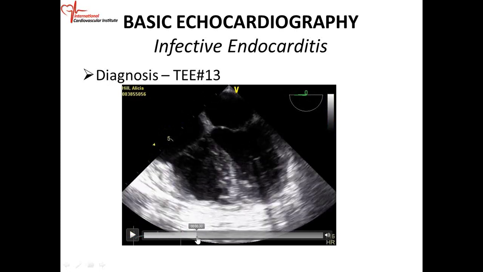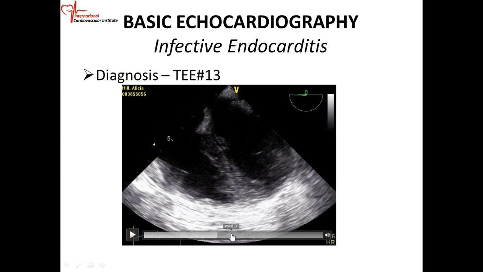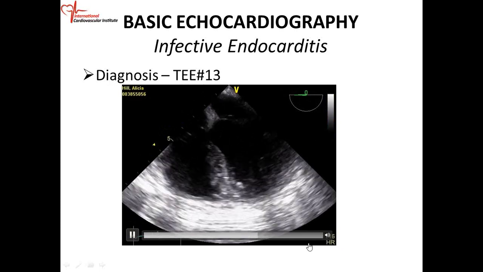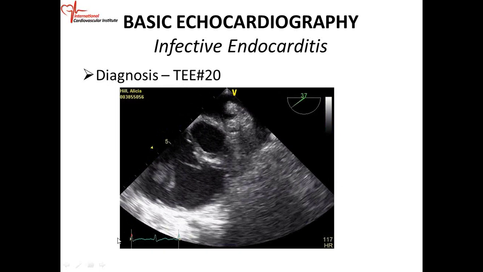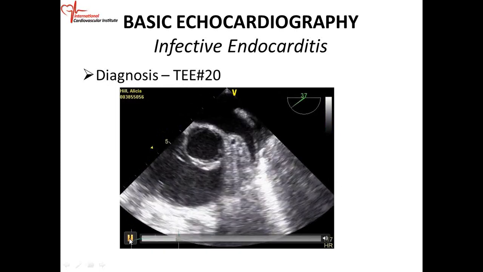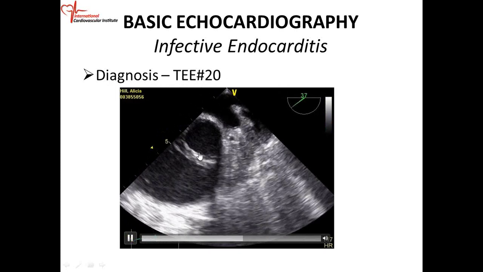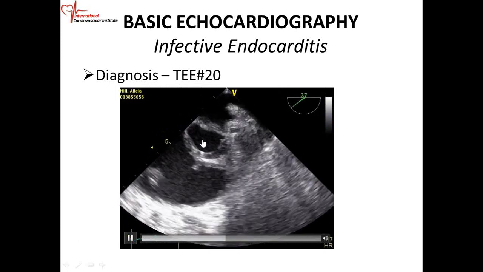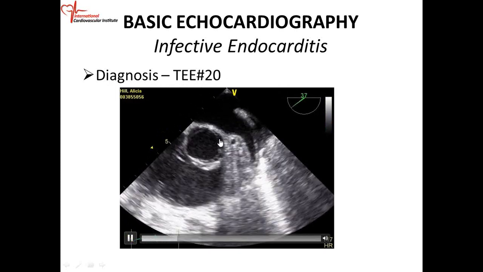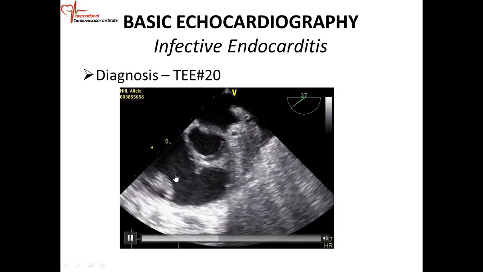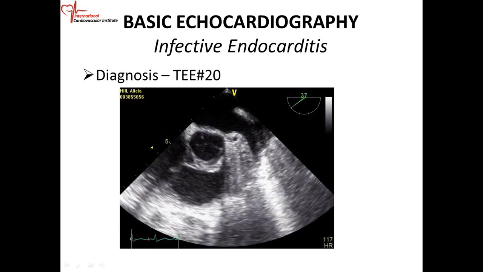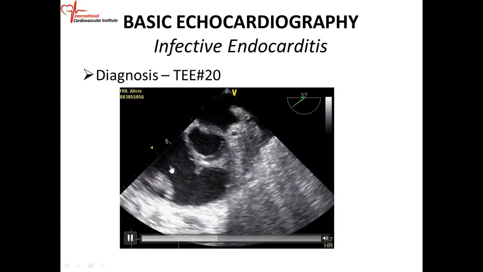Okay, so it looked like the aortic valve was pretty okay. The left atrial appendage was good. You can see the lesion on the tricuspid valve.